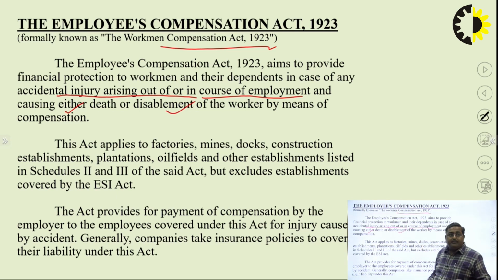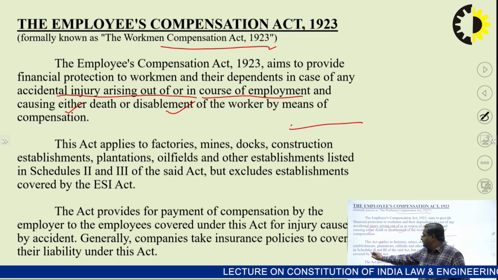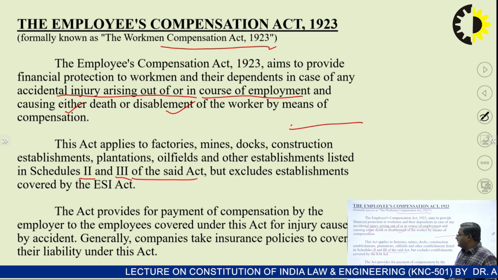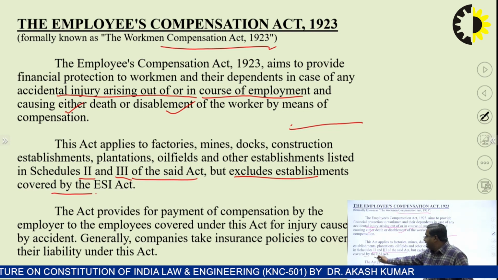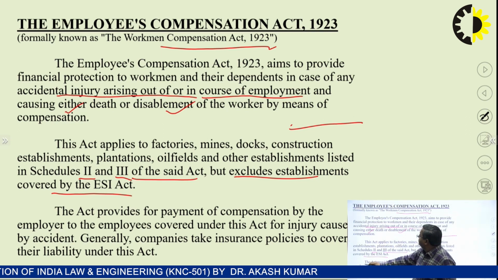This Act applies to factories, mines, docks, construction establishments, plantations, oil fields and other establishments listed in Schedule 2 and 3 of the said Act. But it excludes the establishments covered by the ESI Act, the Employees State Insurance Act.